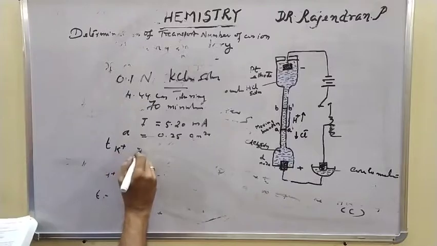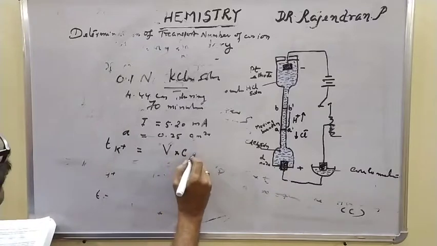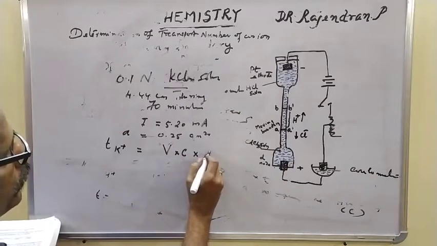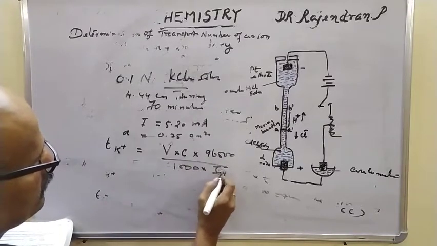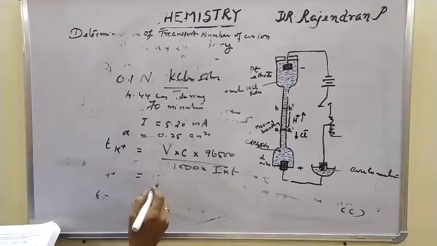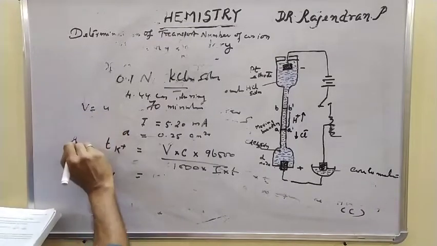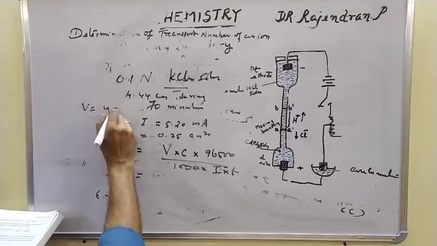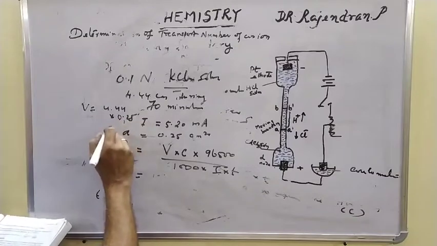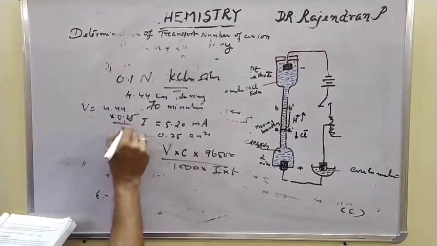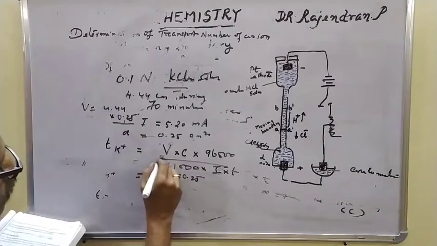TK plus is equal to volume into C, that is normality, into F divided by 1000 IT. In this equation, V is 4.44 into 0.25, that stands for V in cubic centimeters.